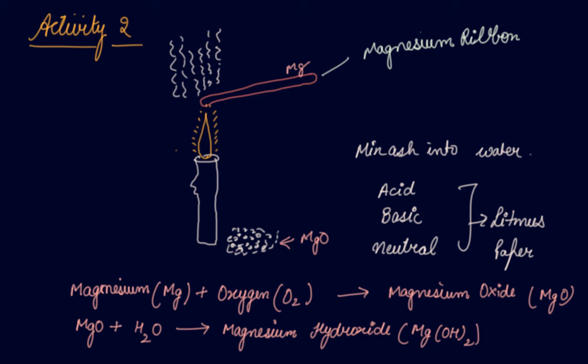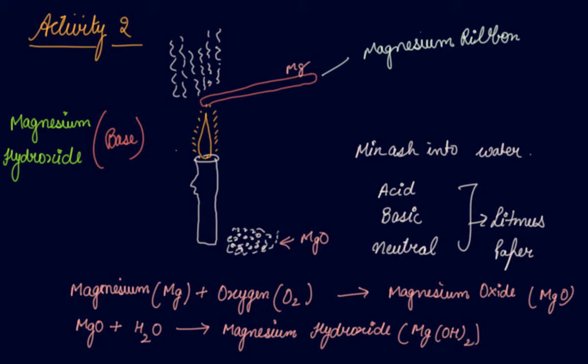Now we have studied in the acid and base chapter that the magnesium hydroxide that you get by burning the magnesium ribbon, collecting the ash and dissolving it into water, is a base.